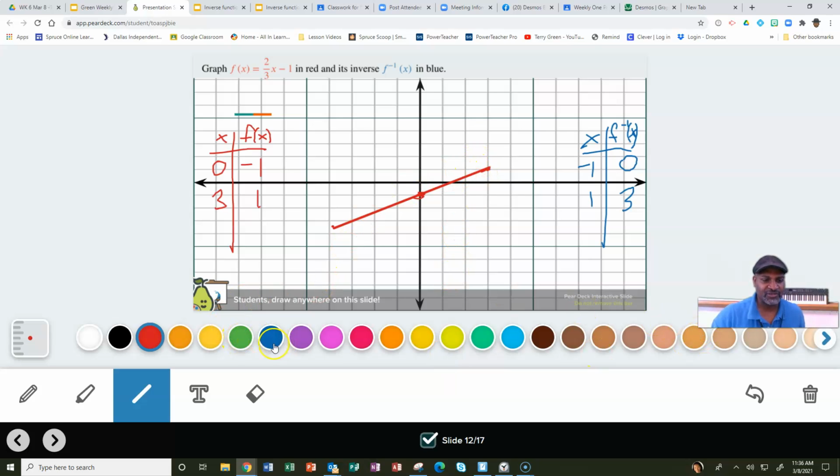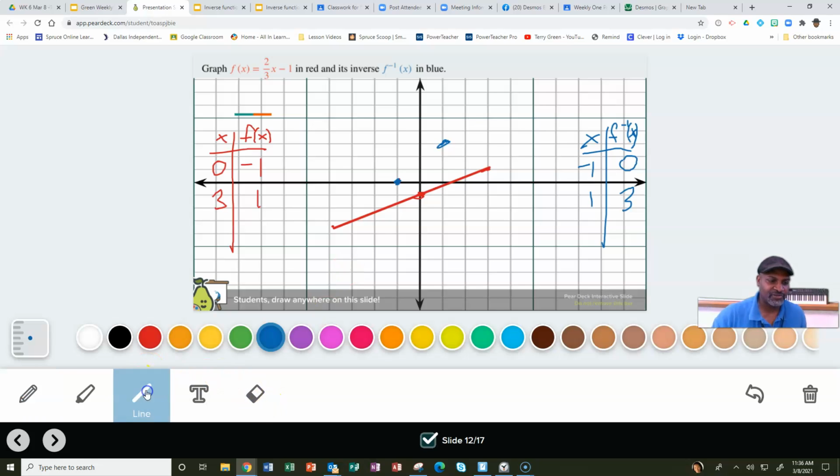Now let's do the inverse. So my inverse points are -1, 0, which is there. Sorry, I need that to be blue. And then I need 1, 3. So 1 and up 3. All right.